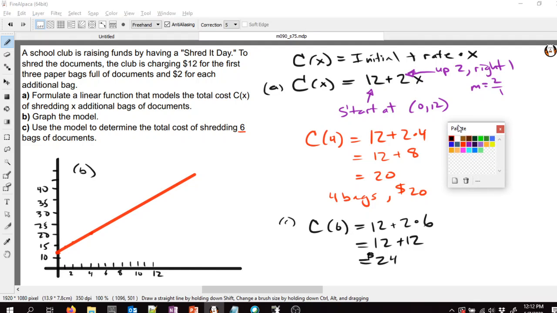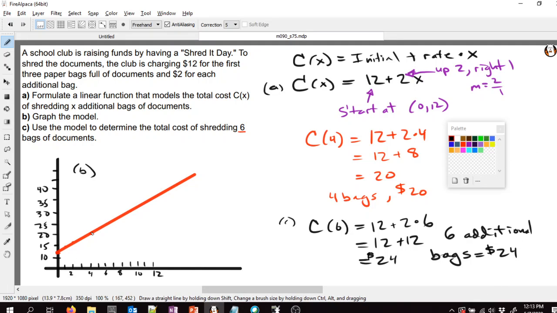Now, caveat here is that it says 6 bags. It doesn't say if that's 6 additional bags or 6 bags total. This is 6 additional bags, $24.